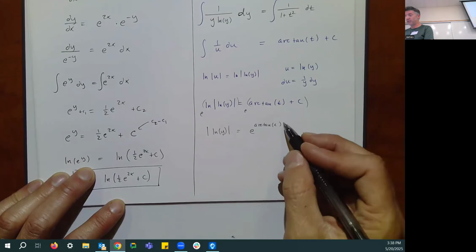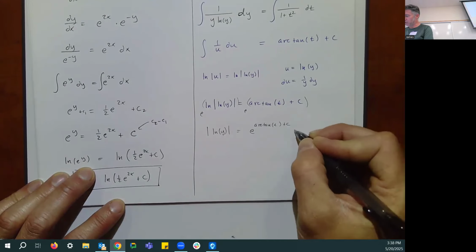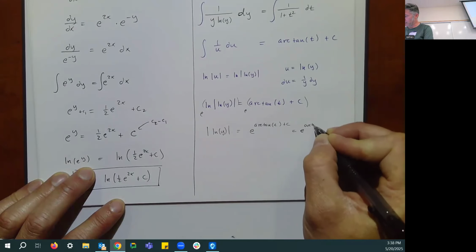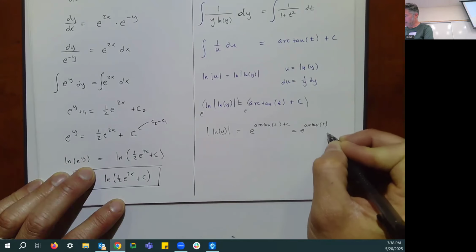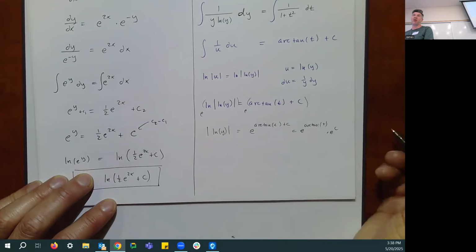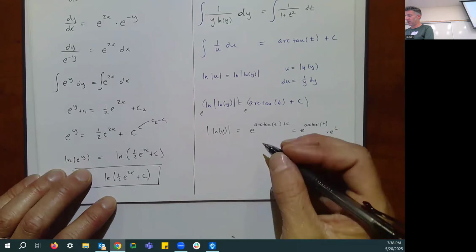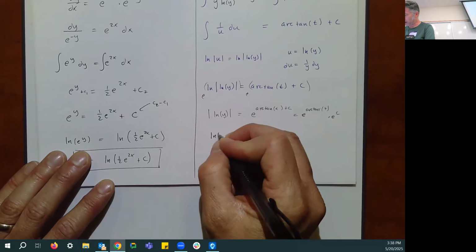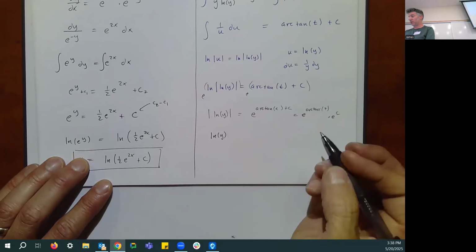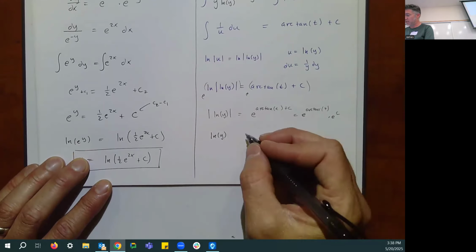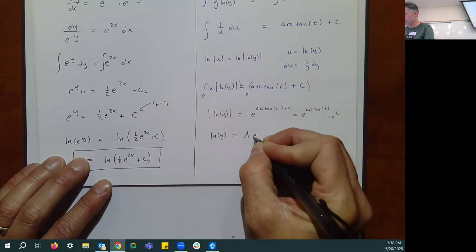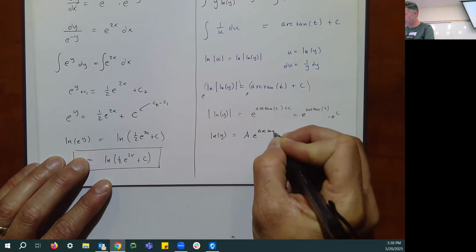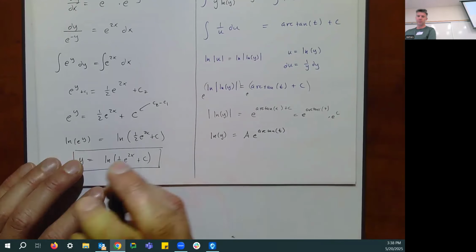Or I could have a plus c up there, but that's really just e to the arctangent of t times e to the c, which I would rather call a. So I'm going to say that my natural log of y, dropping the absolute value, because I'm going to get the plus or minus in that e to the c there, is equal to a times e to the arctangent of t.